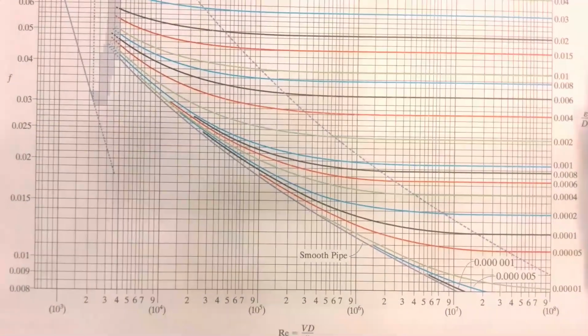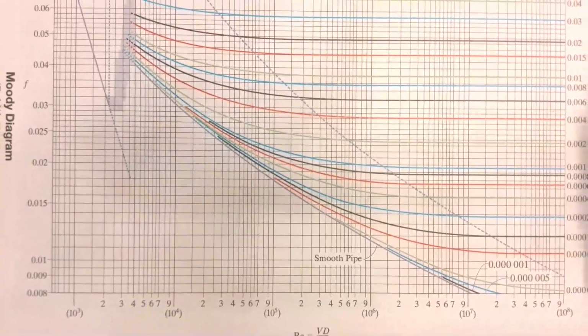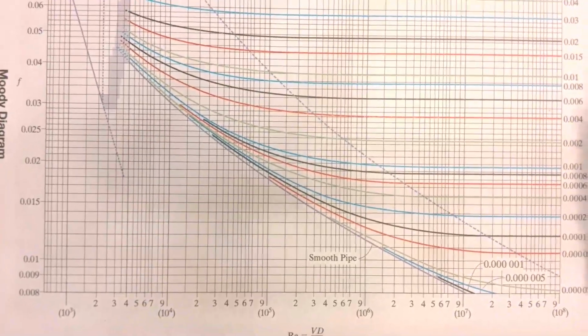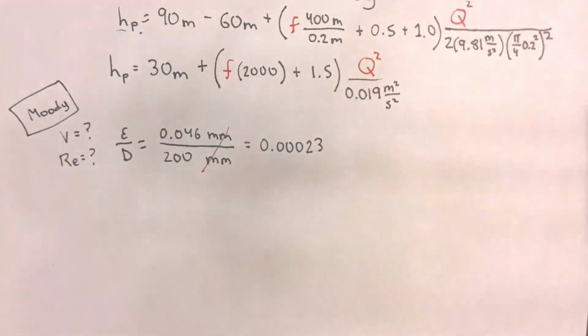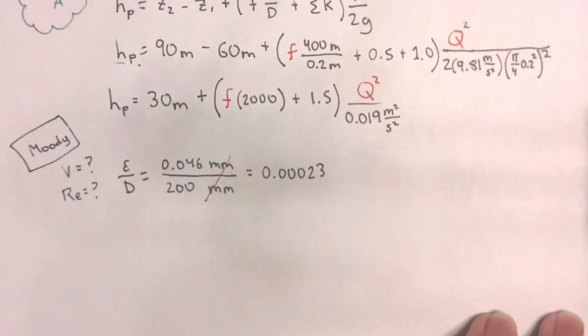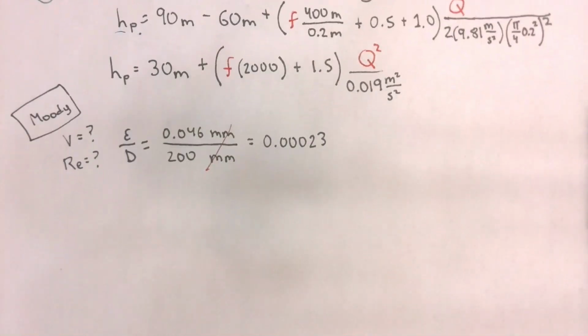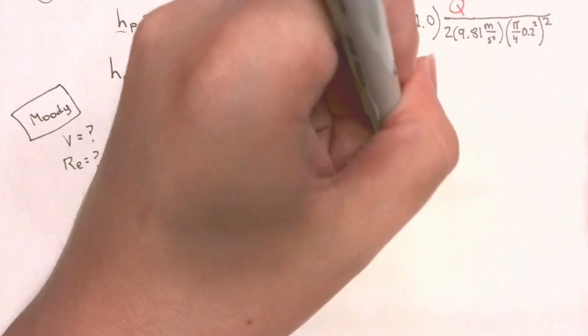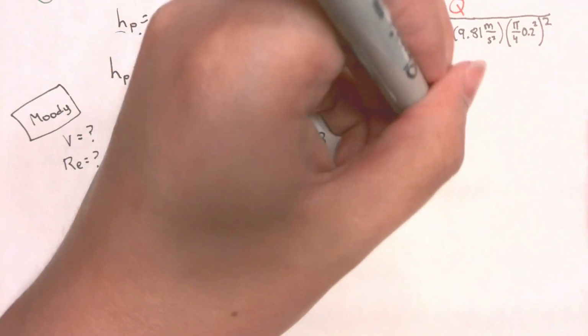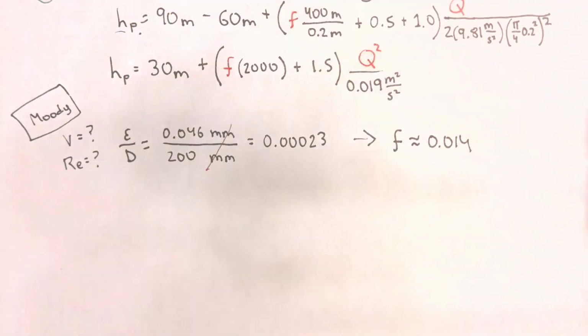I'm going to say 0.014. You guys can try to do that yourselves. Again, the friction factor doesn't have to be so precise, but I think 0.014 is actually a good approximation because 0.014 in that Moody diagram was actually just one of the lines. So I just approximated to the nearest line. So from the Moody diagram, I get that my friction factor is approximately 0.014.